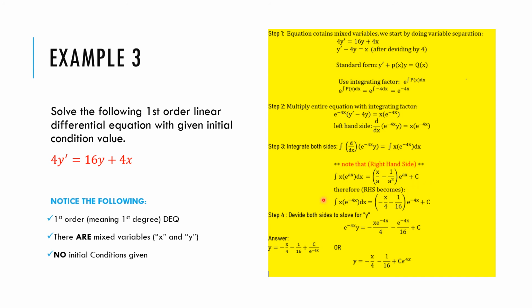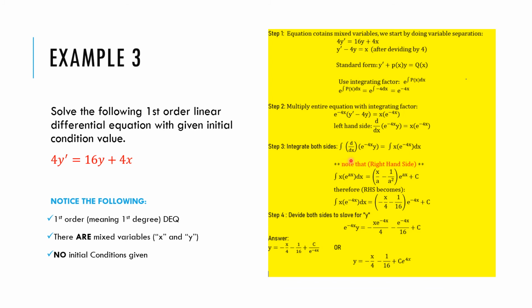Now, the next thing I would do is look at the right-hand side of the equation right here. Notice that in this left-hand side I have an integral, and also I have a derivative.